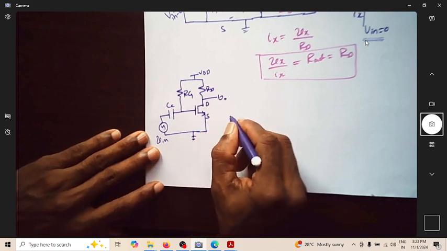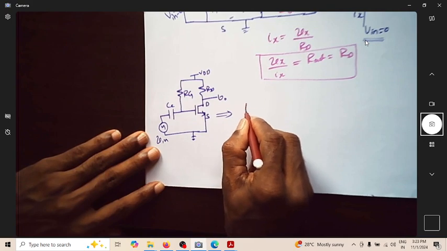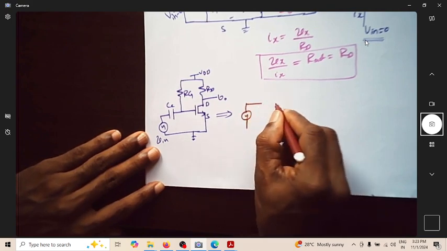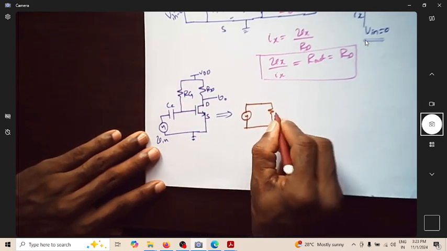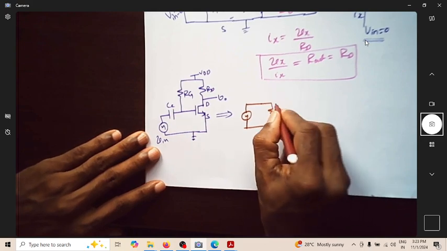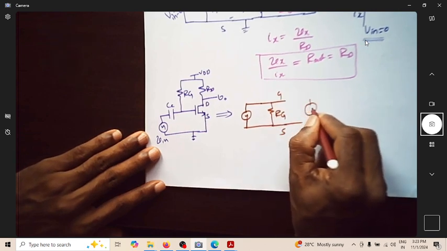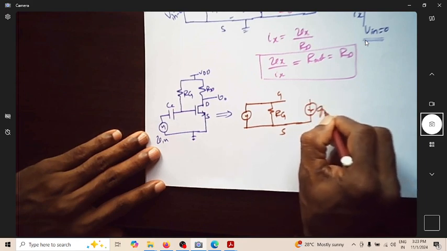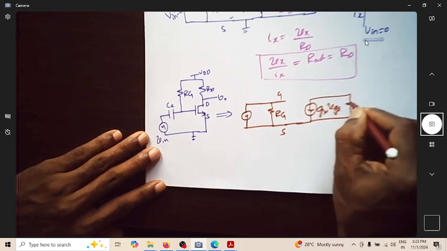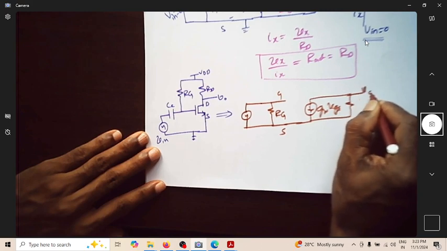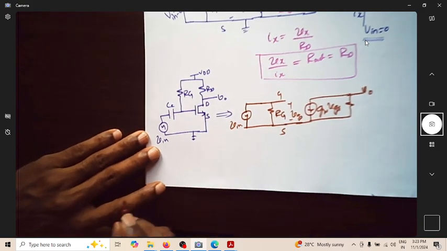This is V0. What is the small signal equivalent circuit of this? It will look like this: this is Vin, and this RG will come here. This is RG, and we have gate, source. Between drain and source, I will have gm into VGS, and this is RD. This is V0.